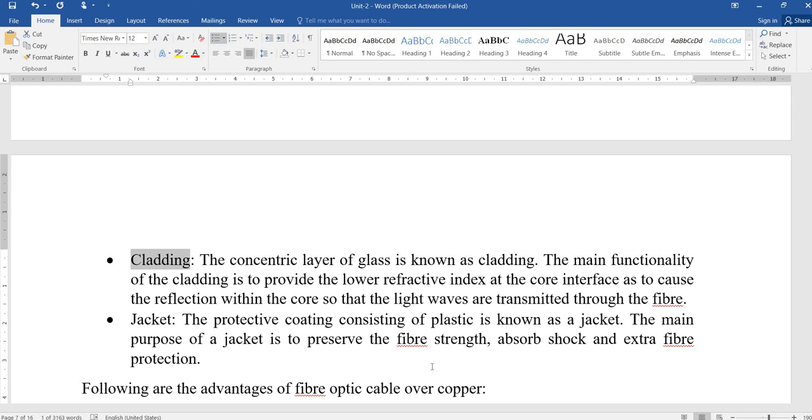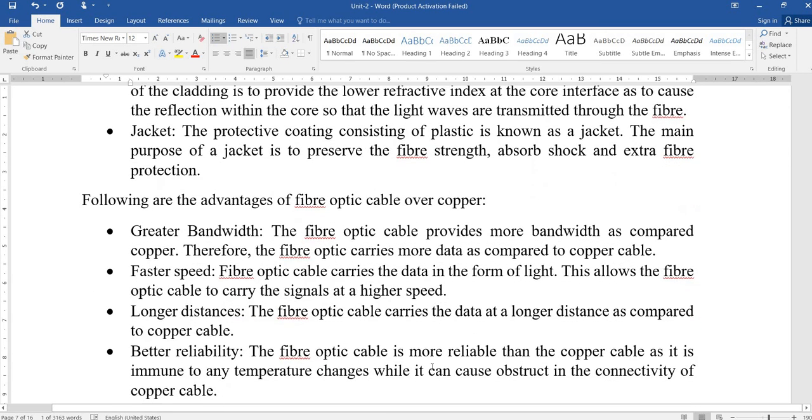So it's very susceptible. It's very easy to break and easy to spoil the signals. So we need very strong protection. This is called the jacket. The jacket protects the fiber optic cable.